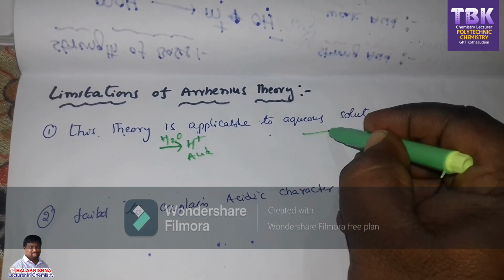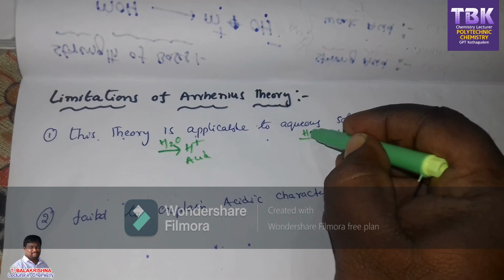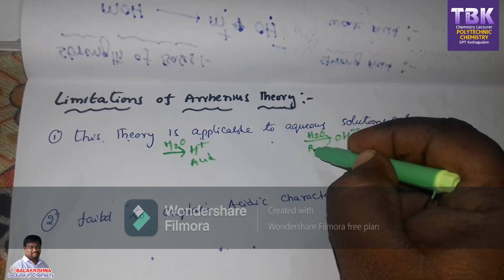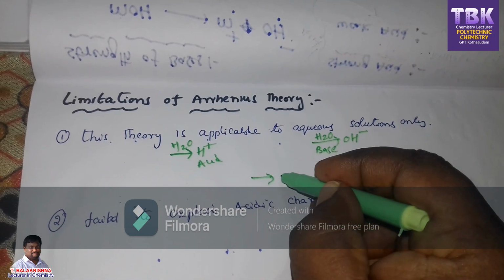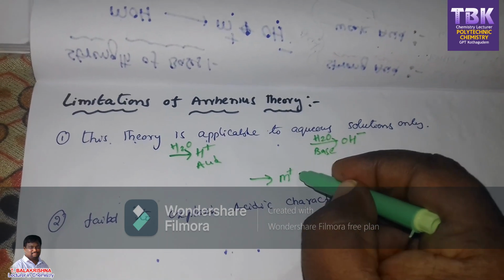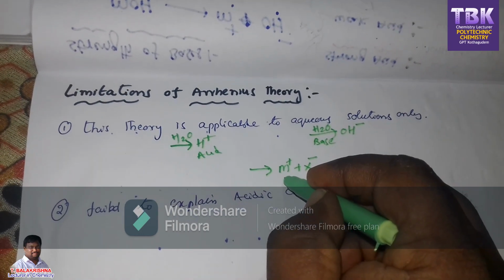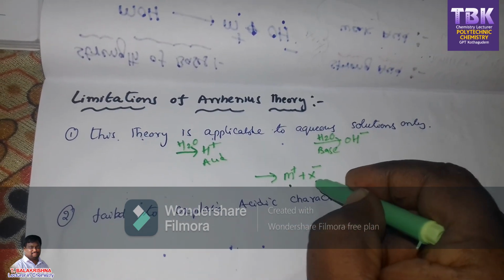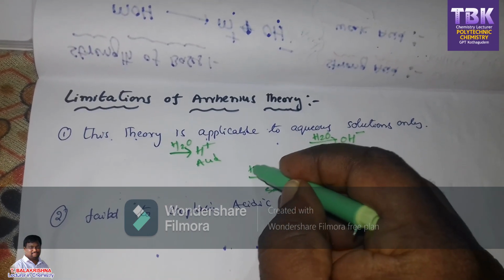The substance which gives OH minus ions in aqueous solution is called a base. The substance which gives neither H plus ions nor OH minus ions, that means it produces M plus or X minus, is called a salt.